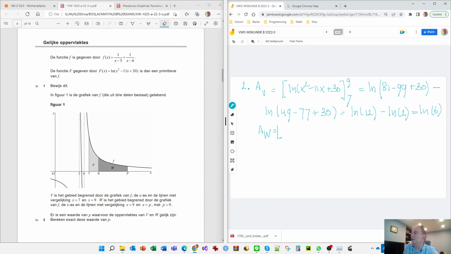So this is again the primitive, but now between P and 9. So that's log P squared minus 11P plus 30 minus the log of this whole thing at 9, but we already calculated that here.